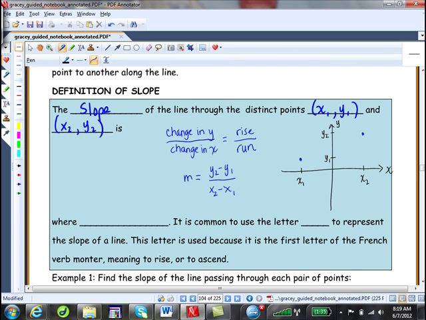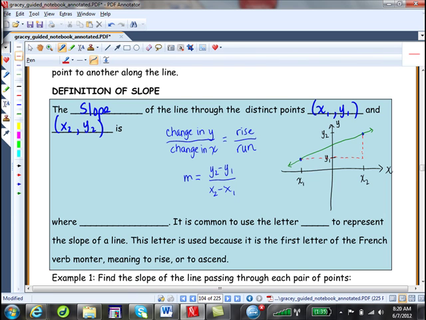And then if we draw the line between these 2 points, what happens is you can make a little slope triangle like so. Right?